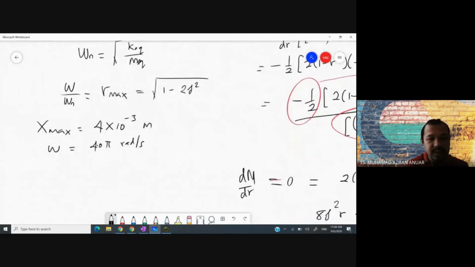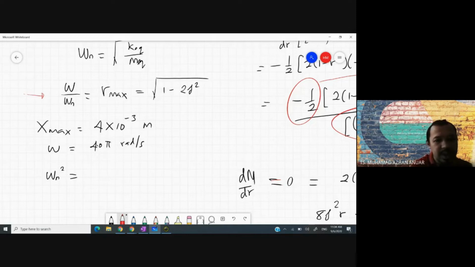If we use this expression, we should get the equation for omega n. We use this equation to express omega n in terms of omega and 1 minus 2 zeta squared. So we get omega n squared is equal to omega squared divided by 1 minus 2 zeta squared.